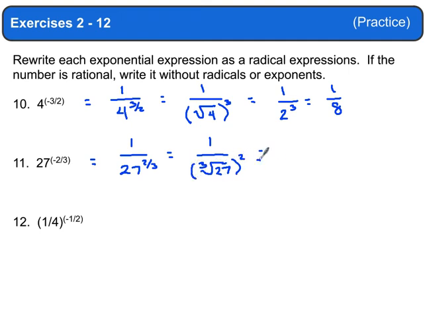So that ends up being a 3. So 1 over 3 squared now. And we simplify to 1/9. So same idea with each of these in that perspective. Nothing really changes in that design.